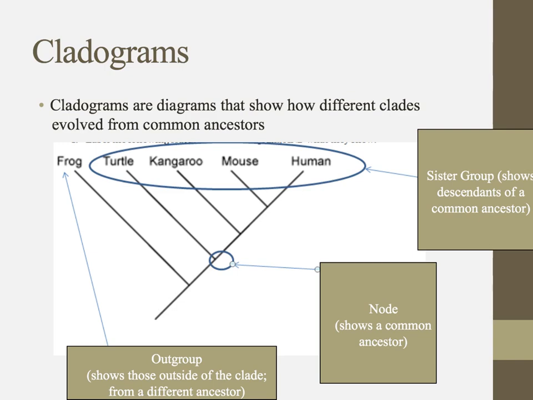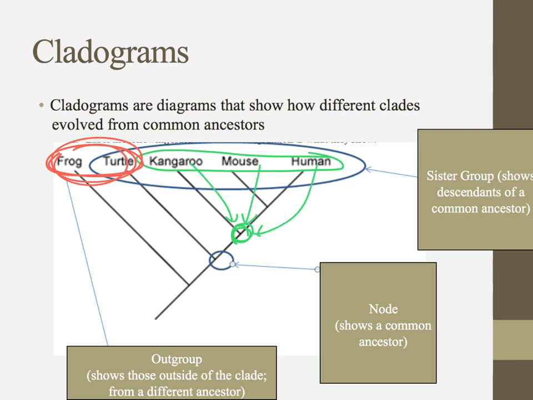Now, if I only wanted to talk about mammals, I could make my clade this group, and in that case my node would be right here, my common ancestor would be here, and my outgroup would be here. So it just depends on what you're considering to be a clade as to where to find your outgroup and where to find your common ancestor.